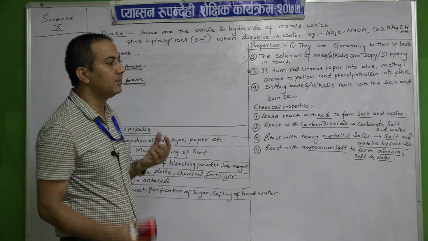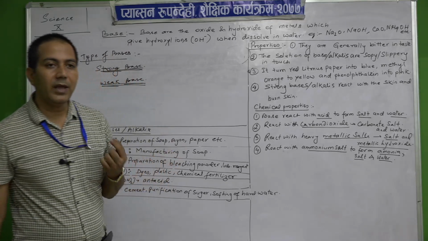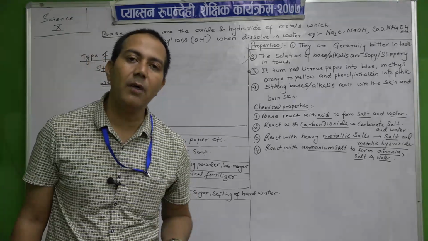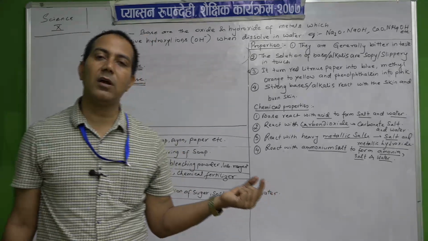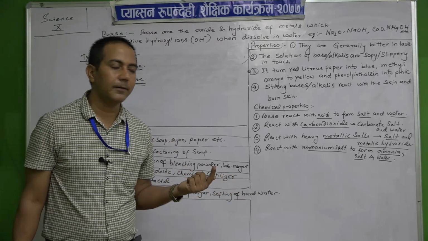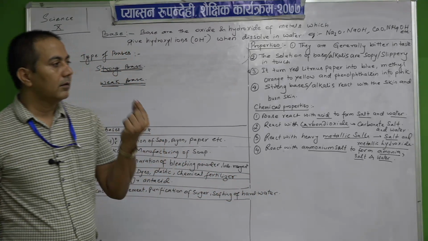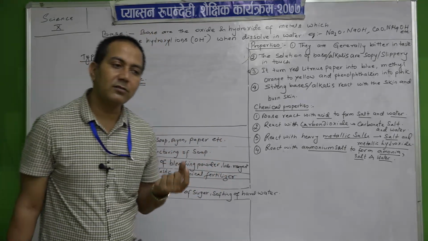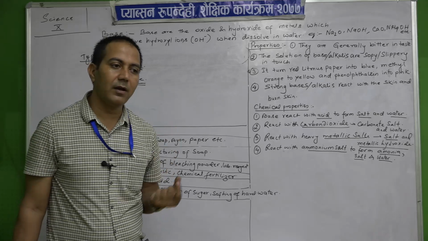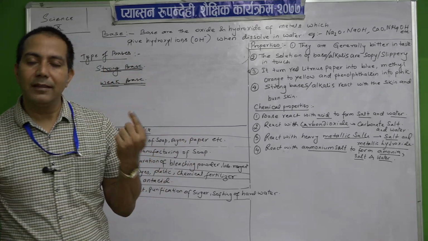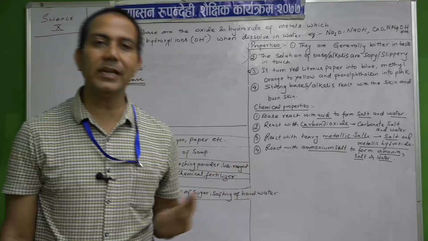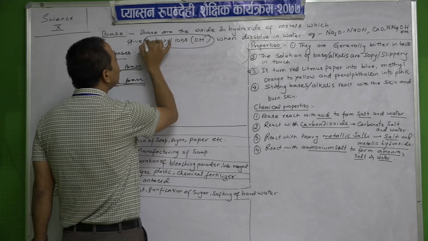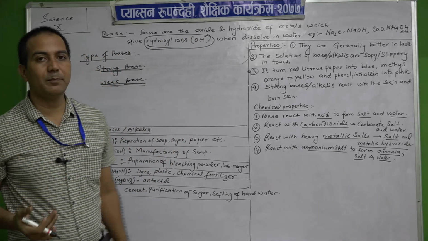Like in acids, when an acid dissolves in water and has a higher concentration of hydrogen ions, it is called a strong acid, isn't it? Here we have hydroxide ions, so the pattern is similar.